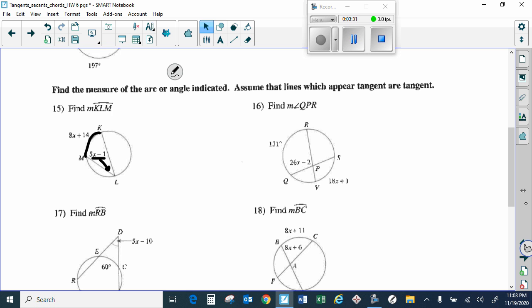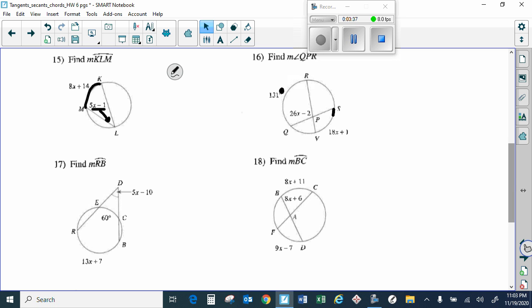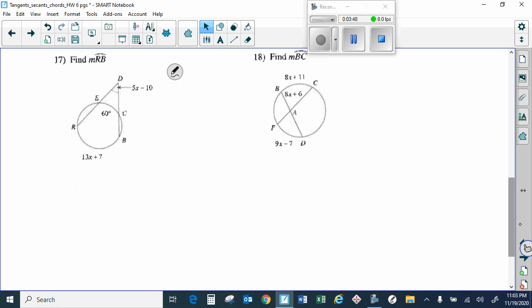Okay, that's just a degree sign. So again, we add the two arcs together, divide by 2, and it's going to equal 26 minus x minus 2 and solve it. Okay, that's all the same.